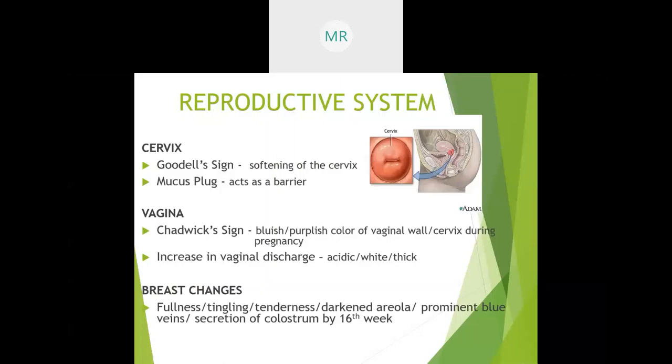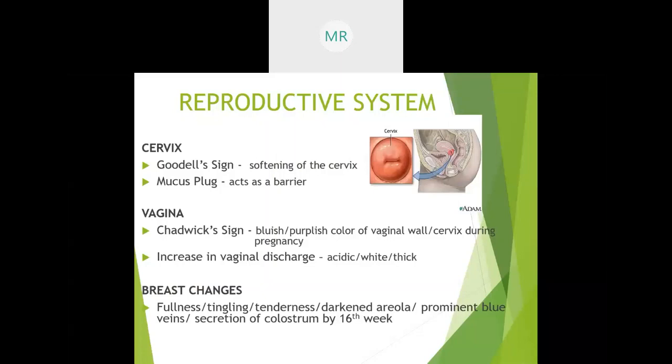But amazingly, with all of the hormones, the normal physiologic change is that with pregnancy, the cervix starts to soften. And that is part of Goodell's sign.